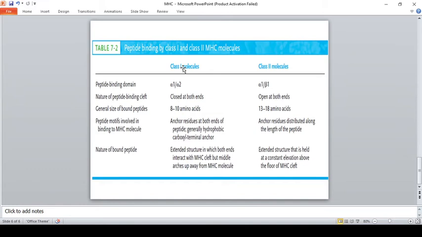Next, the nature of the bound peptide, that is what kind of structure will be bound to the MHC molecule. With respect to the class 1 molecule, extended structures interact with the MHC cleft, but the middle arches up away from the MHC molecule. Whereas for the class 2 molecule, an extended structure is held at a constant elevation above the floor of the MHC cleft.